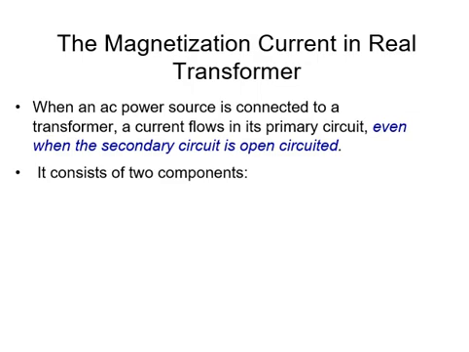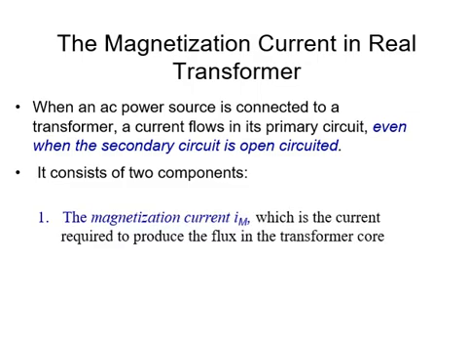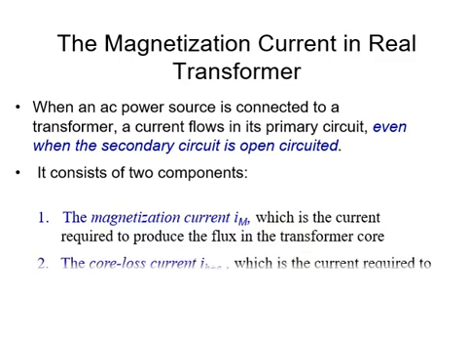When an AC power source is connected to a transformer, a current flows in its primary circuit even when the secondary circuit is open circuited. Already discussed this point. It consists of two components.